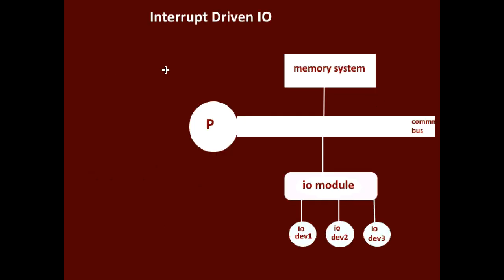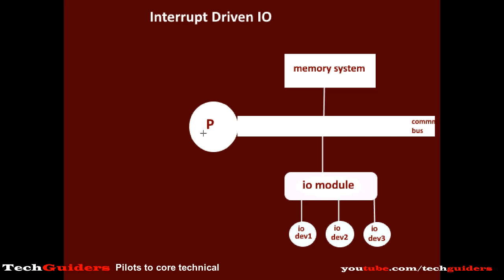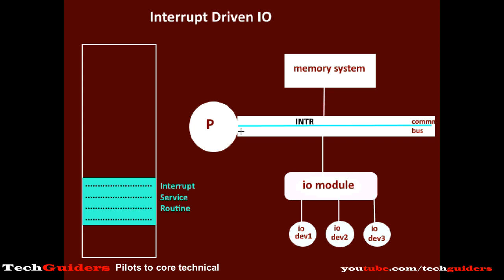As we know, an interrupt is actually a signal used to inform the processor about an exception to be handled, and is used for many other situations. Here we are using interrupts to handle the I/O operations. So here we need a dedicated control line called the interrupt request line.